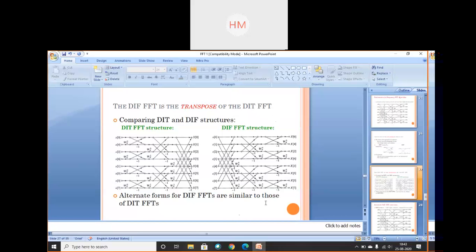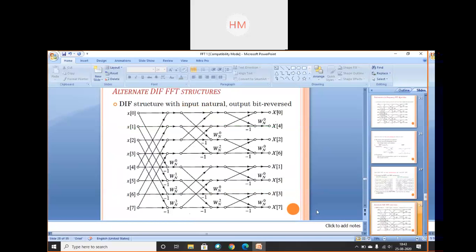Alternate forms for this are similar to those of DIT FFTs. DIF structure with input natural, output bit reversed. Okay, this is the overall structure.